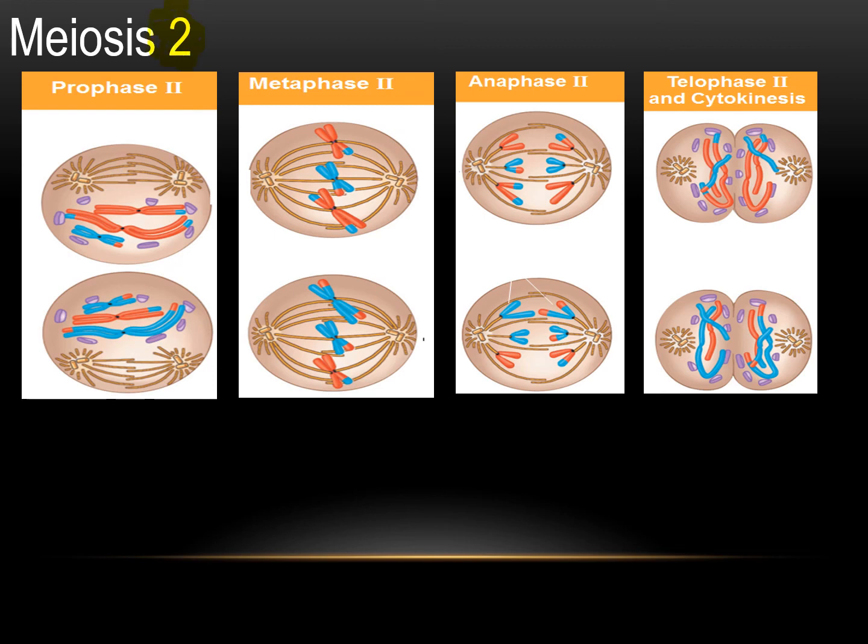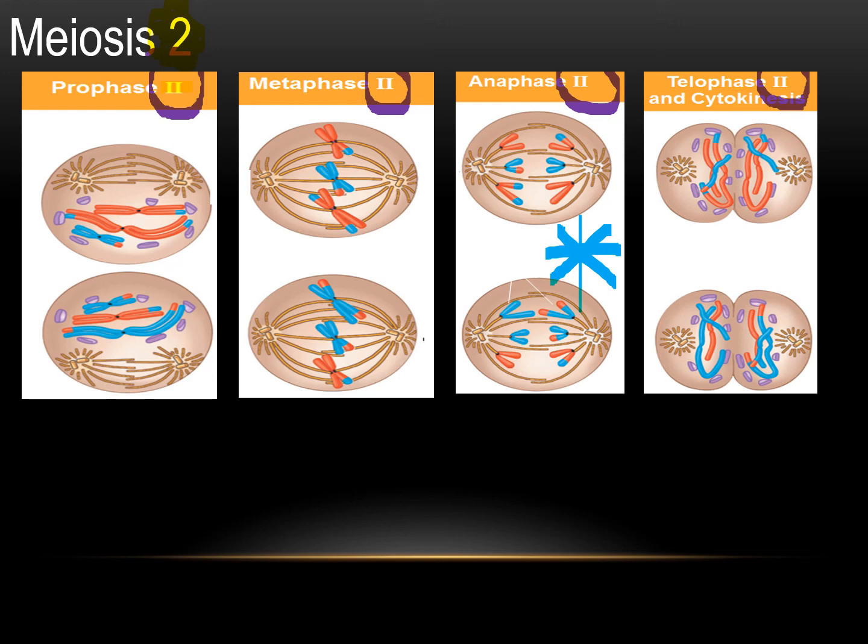I would just emphasize 2 things. Firstly, don't forget to add in the letter 2 or Roman numerals 2 when you are dealing with the process of Meiosis II. And also, I would like to touch on anaphase 2.